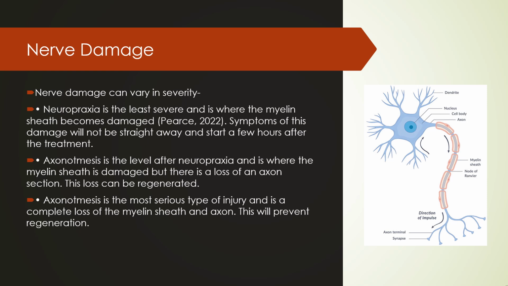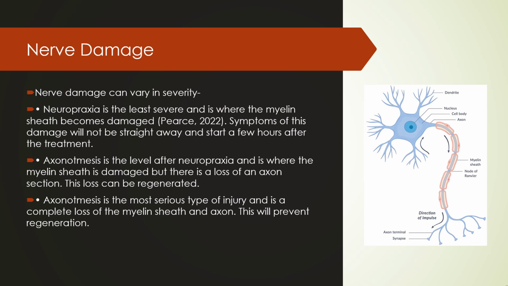So you've got neuropraxia, so that's your least severe, and it's basically where the myelin sheath, so again it might go back to your anatomy and physiology, the myelin sheath, which is found around these structures, has been damaged, but it's not been damaged really badly, and it will start a few hours after the treatment.